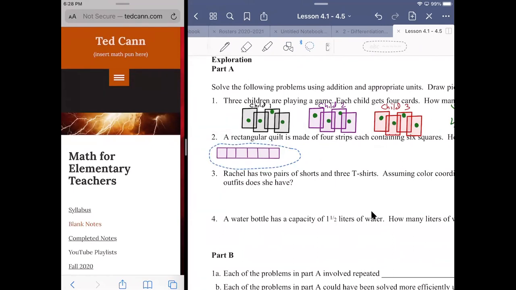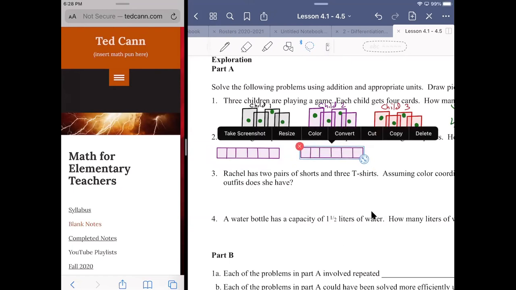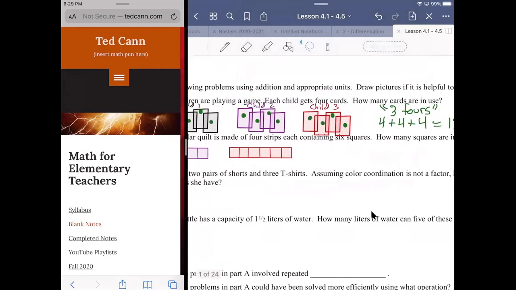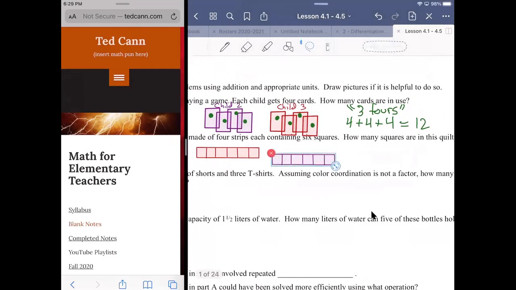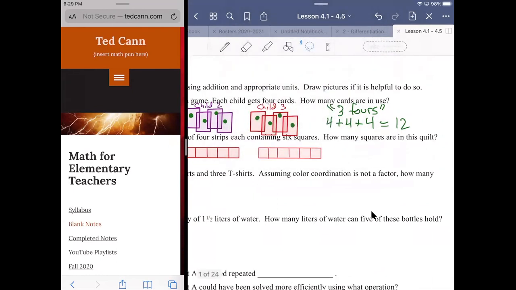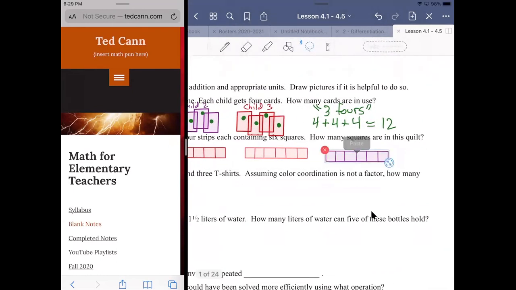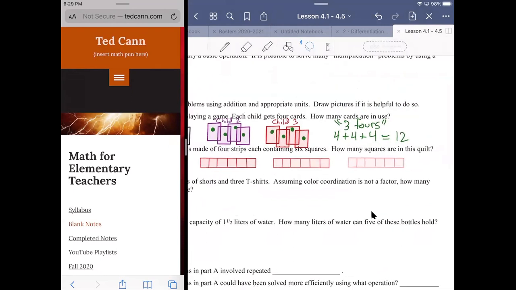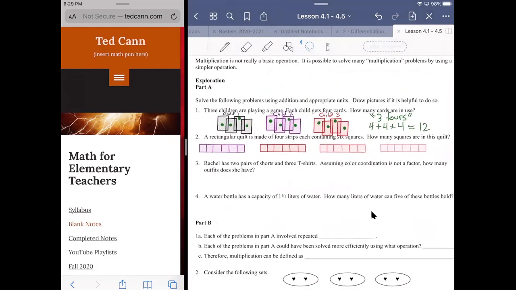So there's 1, 2, 3, and 4. All right, so each one of them has 6.